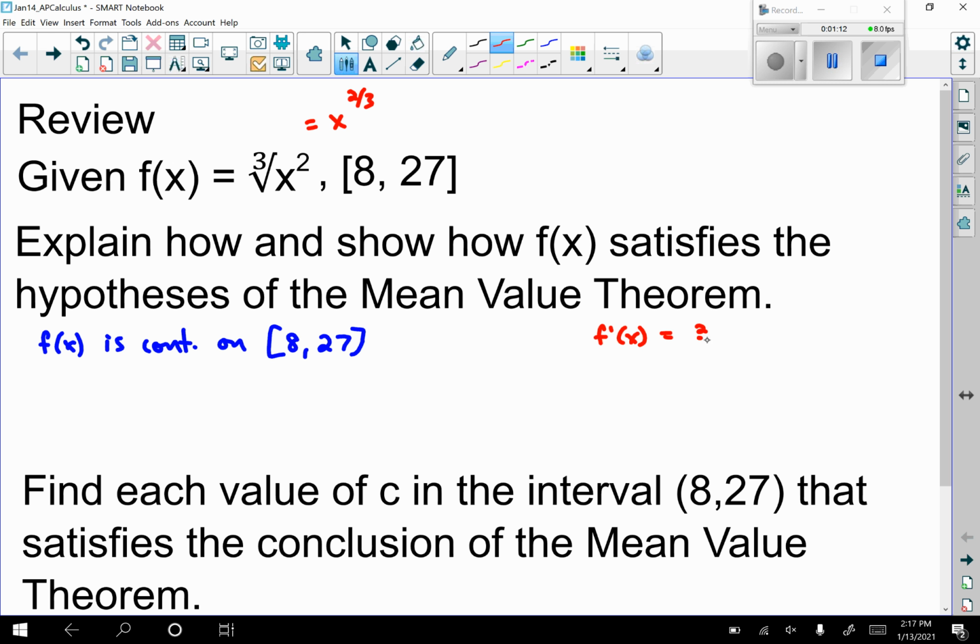So then we'll get 2/3 x to the 2/3 minus 3/3, which will give us a negative 1/3. Or this becomes 2 over 3 times the cubed root of x. And we're good because as long as x isn't 0 and we're in between 8 and 27, we're good. So we could say f of x is differentiable on the open interval from 8 to 27.